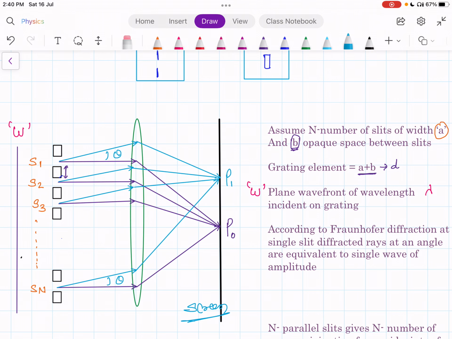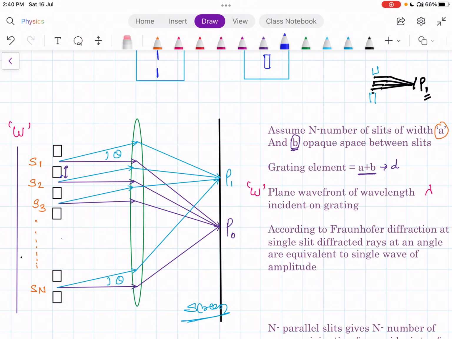According to what we studied last time, Fraunhofer diffraction from a single slit, we assume that in this single slit there are n number of small slits, each one emitting one phasor, and all these phasors are reaching a certain point P1, and the resultant amplitude of such waves reaching point P1 is equal to Em sin alpha upon alpha.